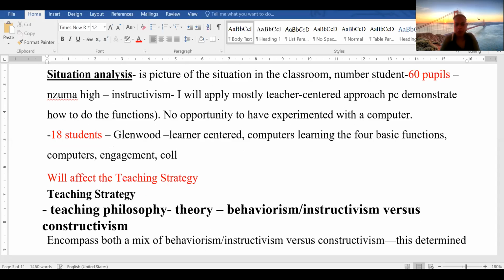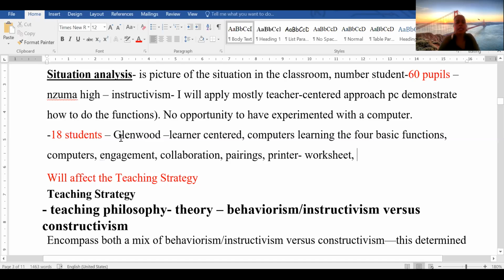You can help them with collaborative learning, whereby you can do pairing of learners, as I saw in teaching practice. The school has a printer, which makes sure that you have worksheets ready for them. You see, some places, even to print, you have to go to the principal's office to get permission to print. Those are the things that I'm talking about.